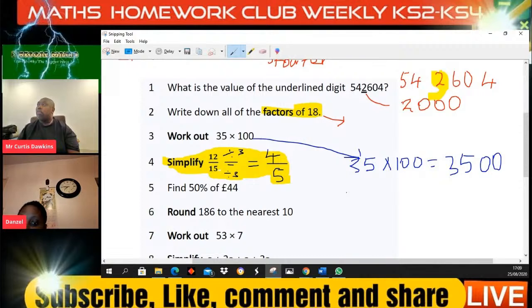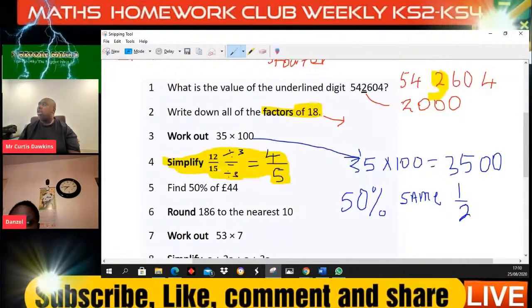So can you tell me what 50% equals to? 50% is the same as something. 50% is the same as a half.